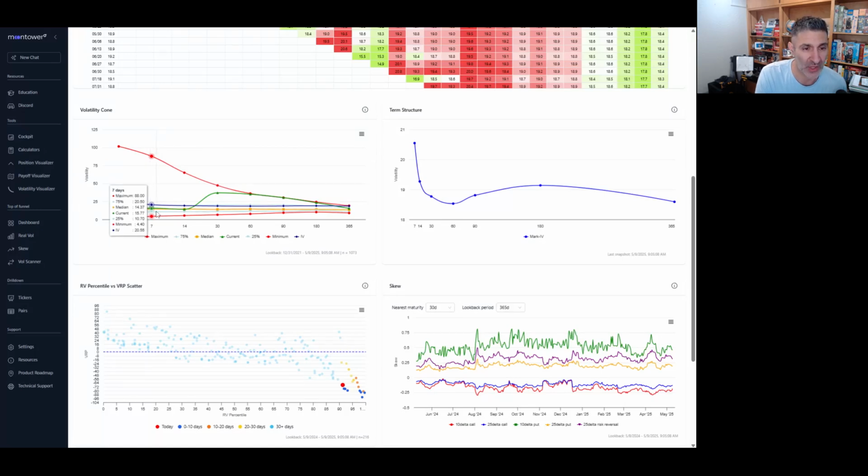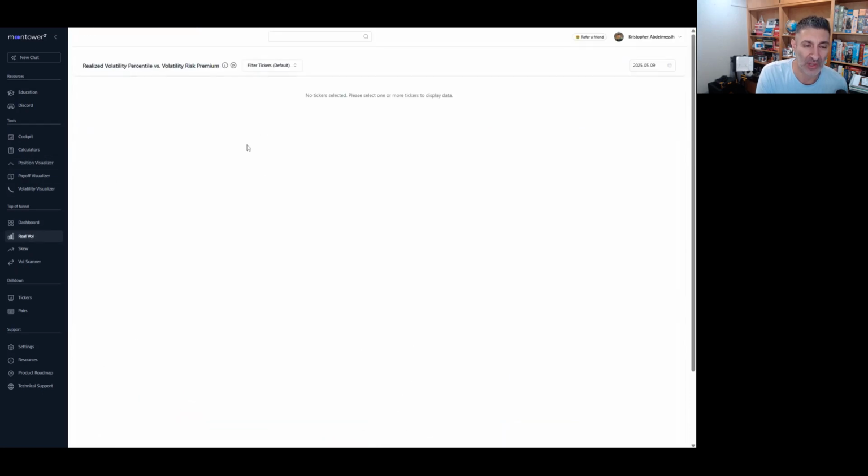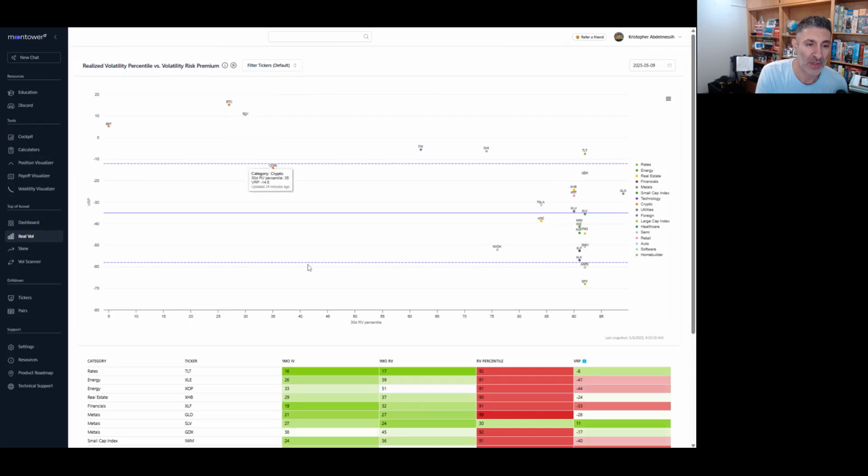You can see the hover over there, 14.37, which is about what we're realizing right now. We're realizing median levels of vol over the last few years. So there actually is a little bit of a VRP in those near dated options.